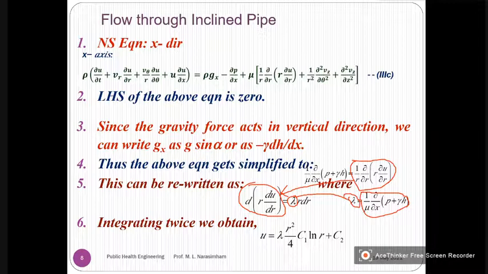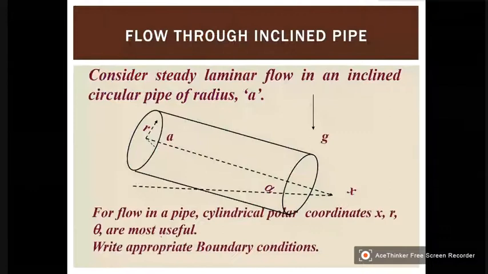Now what our idea is: as we know, the velocity of flow is 0 here and 0 here, and in between the velocity will be varying something like this.